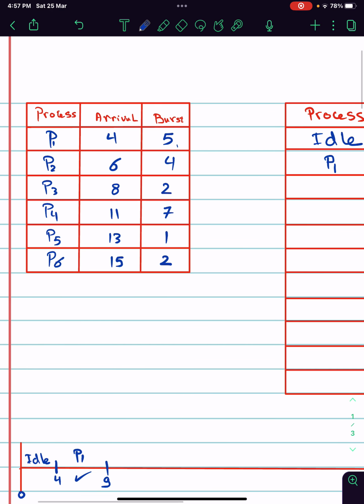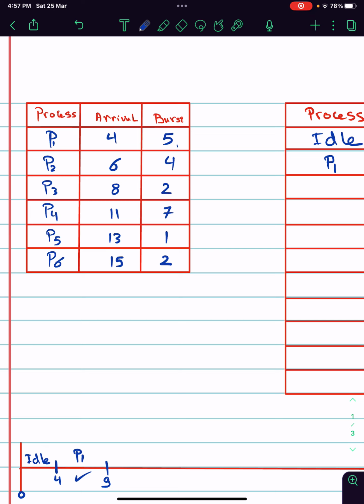Now you have to pay attention that at time 9, when P1 is done, so it leaves the running state, and the processor becomes idle, you have 2 processes to choose from, P2 and P3. Why? Because P2 arrives at time 6 and P3 arrives at time 8. So at time 9, that's the moment that you're going to be choosing at. You have P2 and P3, both of them are candidates.